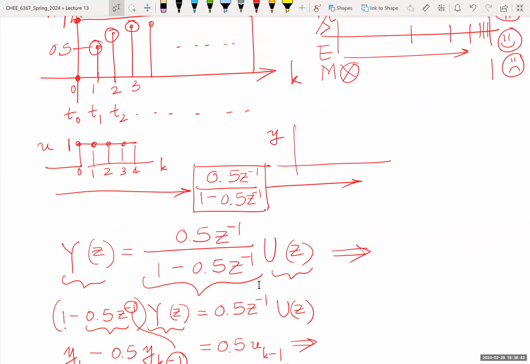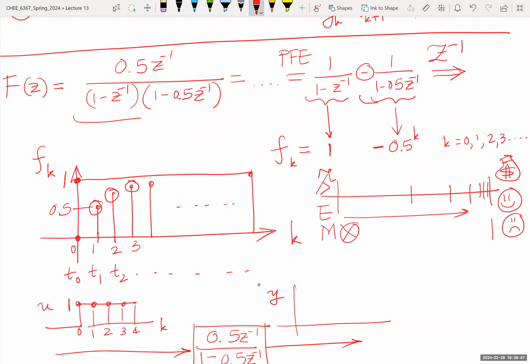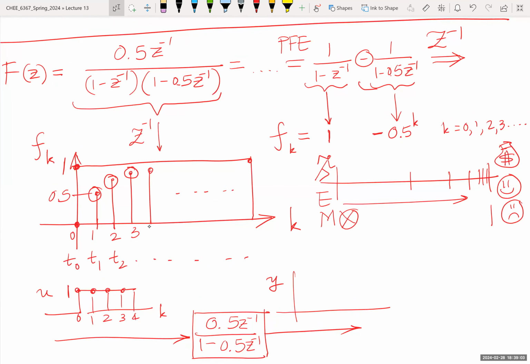And in fact, there is significance to what this mechanistic exercise gives us, because if we have this Z transform, whose inverse is this, we can think of this inverse as the response of a first order system that has this transfer function g of z, and there is an input to this system.